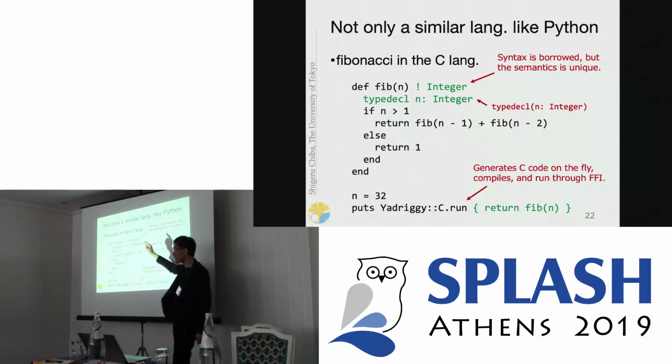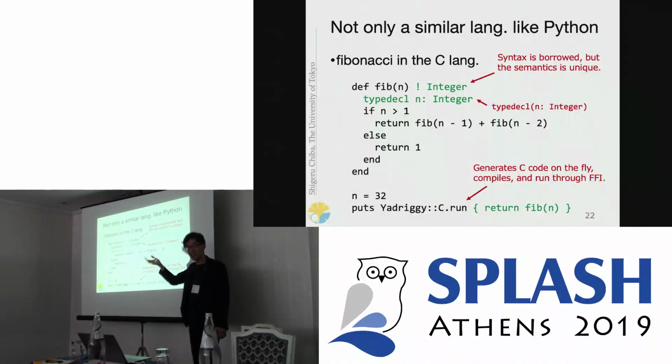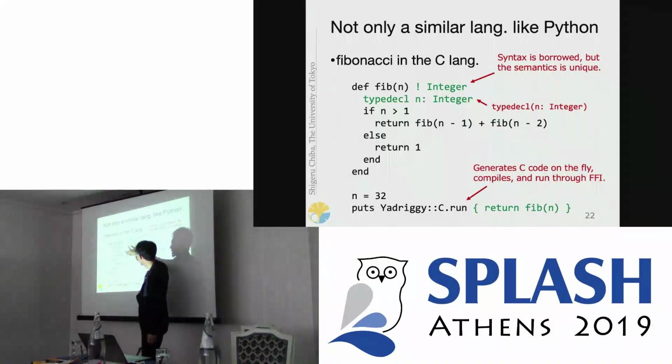The issue is that in the case of C, we have to define the static types, and the question is how to define them. But again, this is a DSL. I can freely design my DSL, although we have to use Ruby syntax. So look at this, I discovered this. I think this is a nice notation. It's a ban integer.